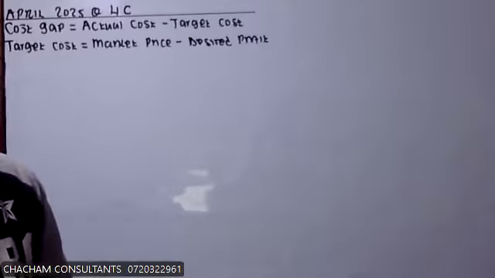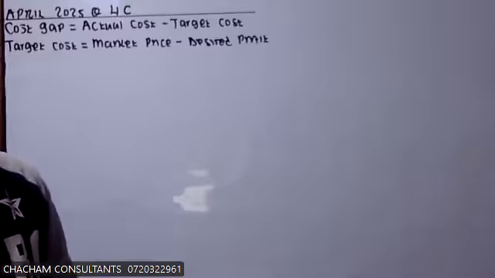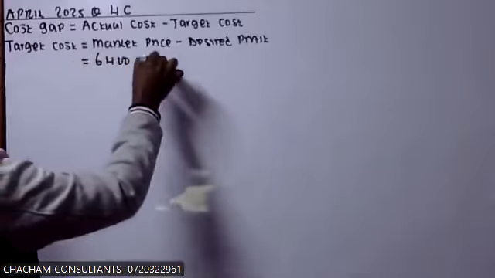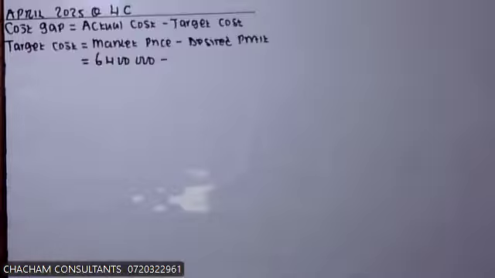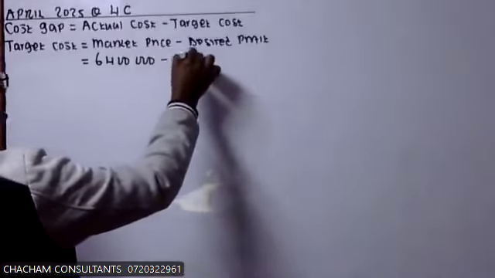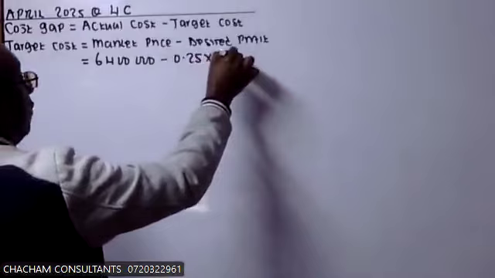Now, in our case here, we are told that according to information 6, the car expects to sell at 6.4 million. So the market price is 6.4. And the desired profit is 25% according to information 7. 25% of this 6,400,000.